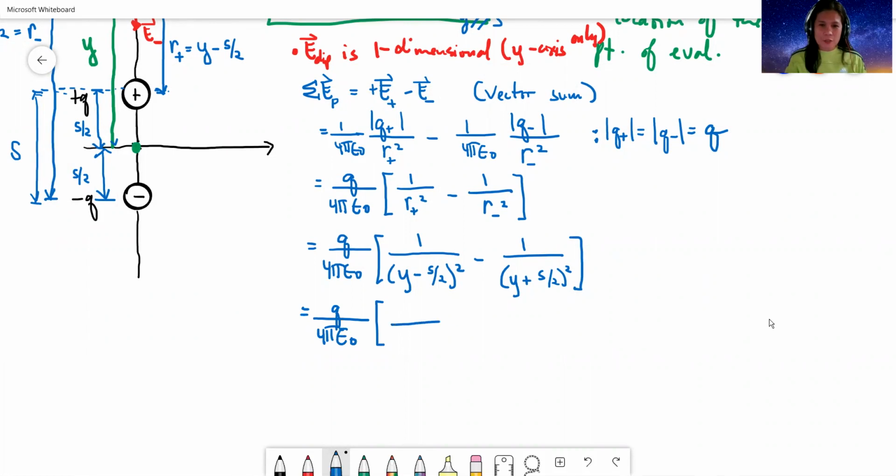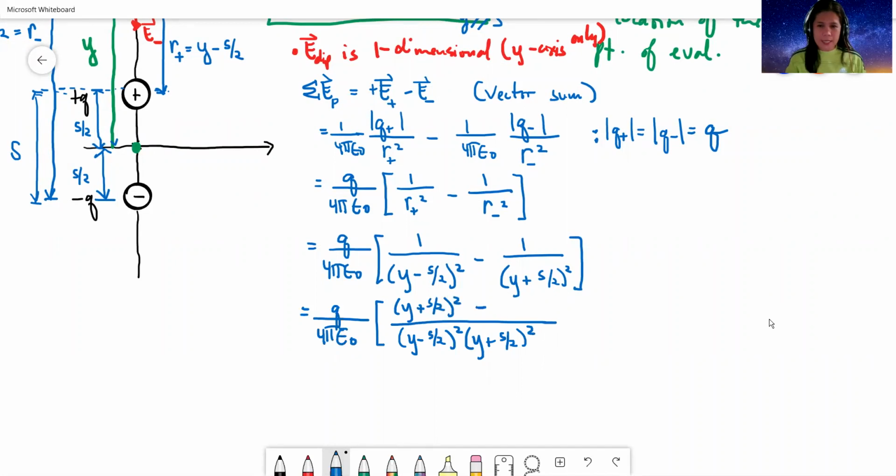So the LCD here is just the product of the two, (y - s/2)² times (y + s/2)². So the LCD divided by the original denominator cancels this and that, and then we have (y + s/2) times 1. So it's just (y + s/2) over the LCD.